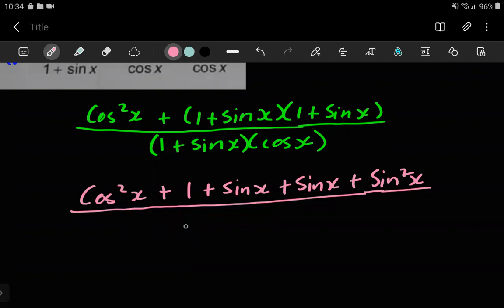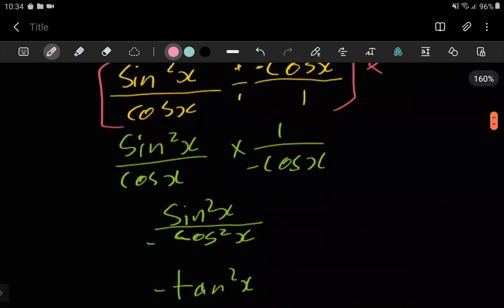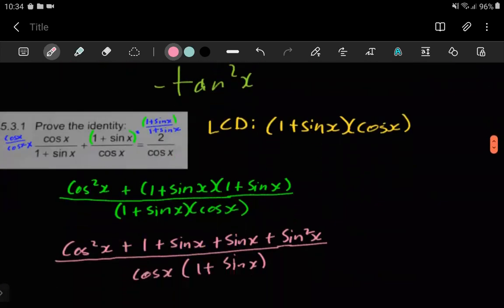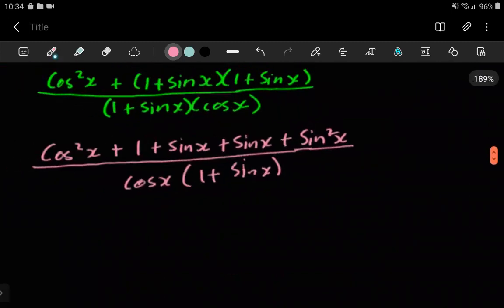Let's leave the bottom for now. Usually if there's no reason to change the bottom, you might as well leave it, because eventually we need a cos x at the bottom. We'll see how we get that. If this is not working, we'll have to showcase a different way to tackle these kinds of questions.